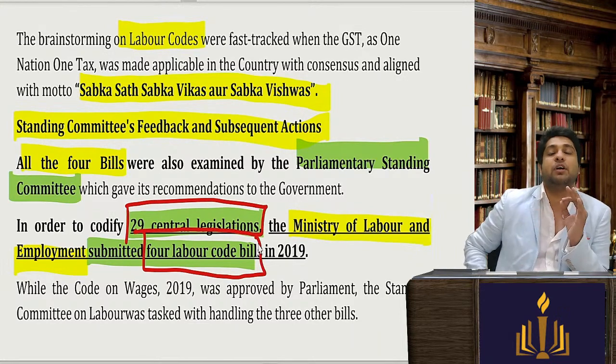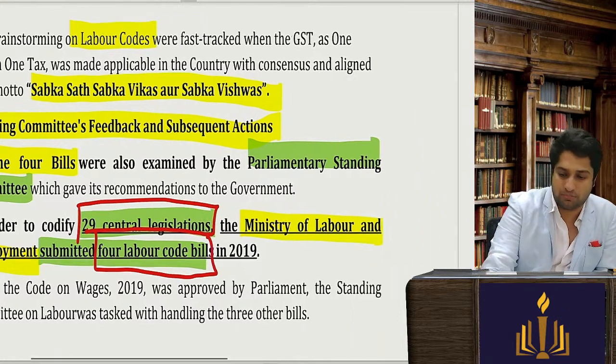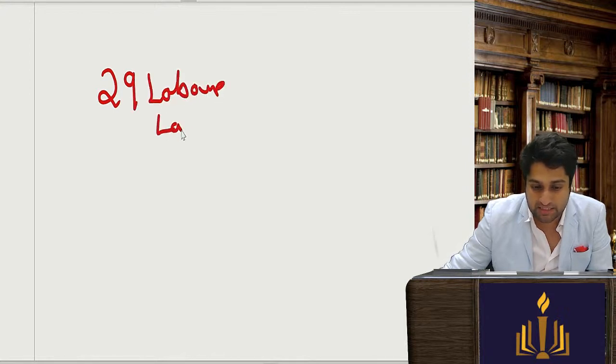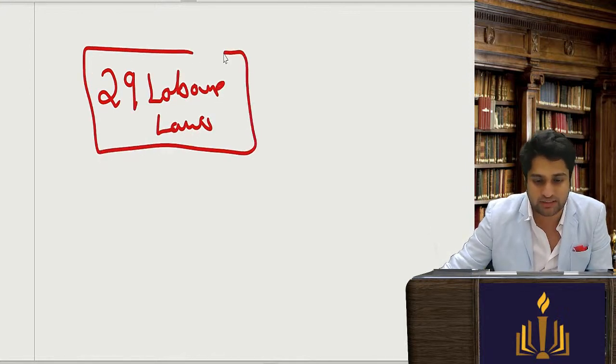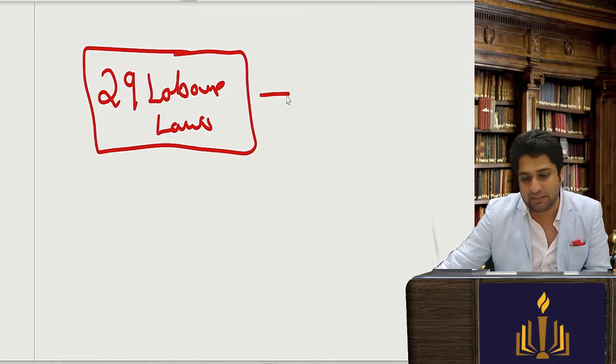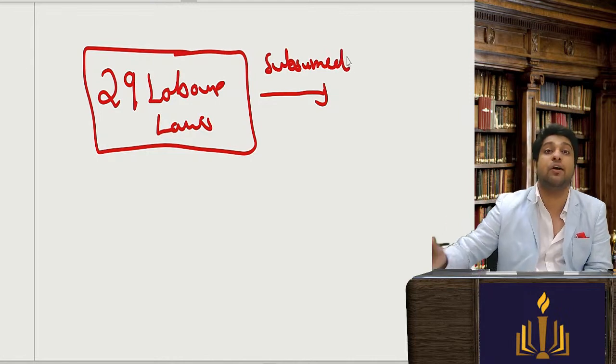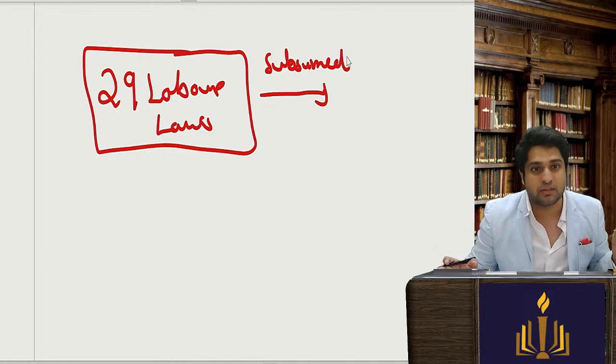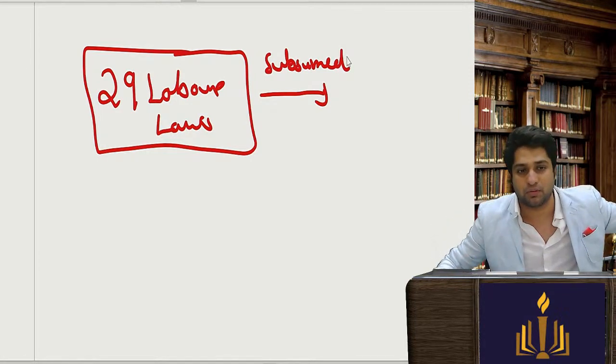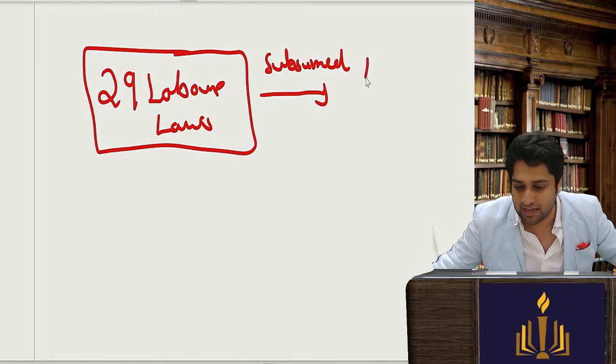there were, though I am telling you there were 100 labor laws, 50 were there, but actually the 29 labor laws, these were the major labor laws in India, they have been subsumed, means they all will get repealed, all will be removed, and we will have 4 labor codes.